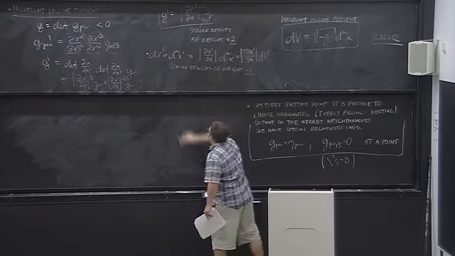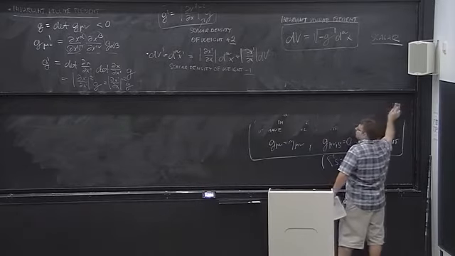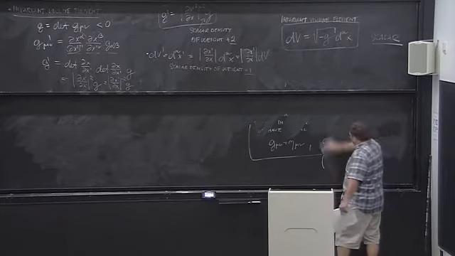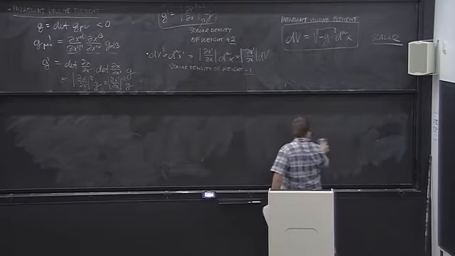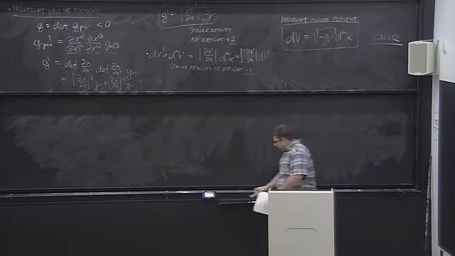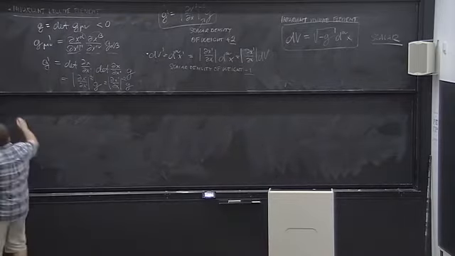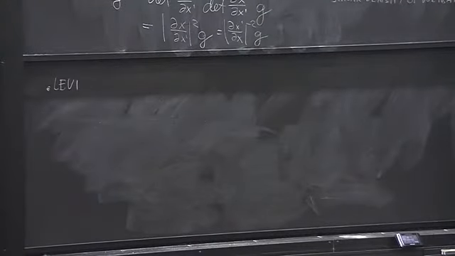If it were an odd permutation, it was -1, and otherwise it was 0. This was a useful object when you were taking Hodge duals of objects and stuff like that. Now the problem is that in general relativity, this object is not a tensor. It's a tensor density again.